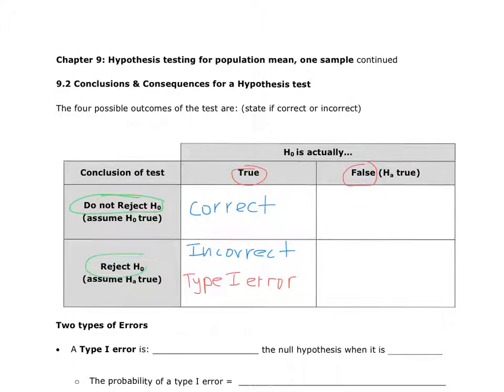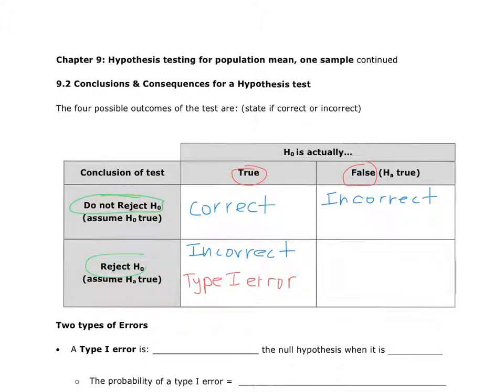Now let's assume that the null hypothesis is actually false, and I guess we could also say then the alternative is true. Well, if it is false and we do not reject it, that is incorrect. We're not rejecting something that's false.